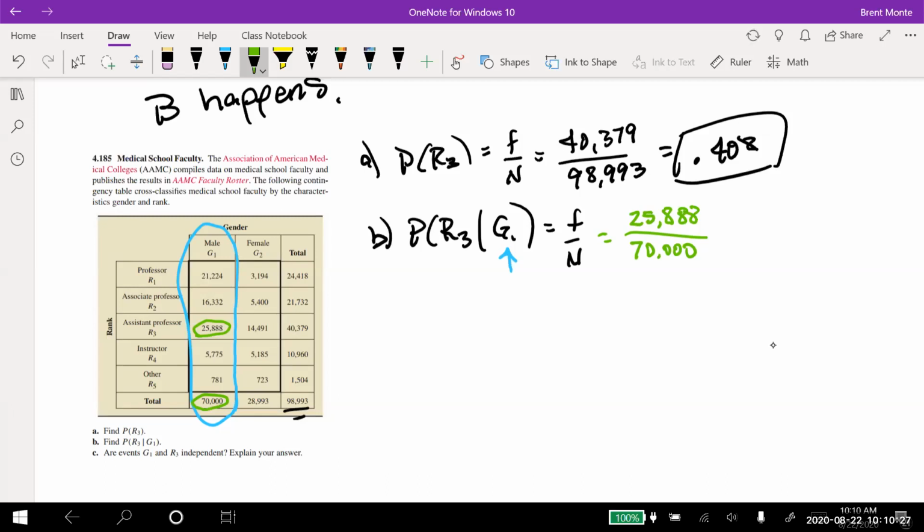So I divide 25,888 by 70,000, and I get 0.3698 and more digits. But if I look here, that's 5 or higher, so I round up, so the 9 goes to a 10, so the 69 goes to a 70. So this rounds off to 0.370.